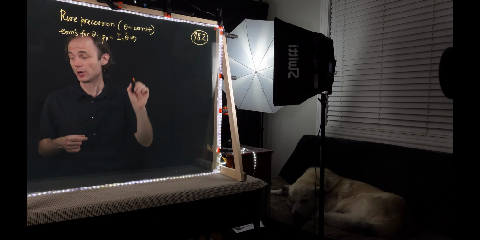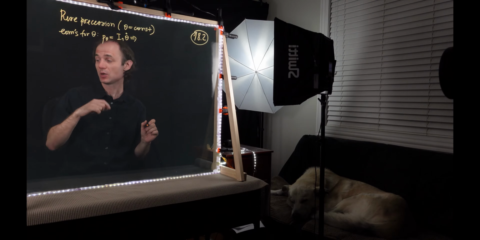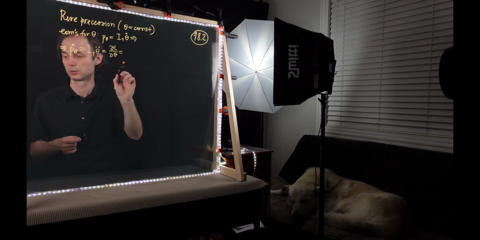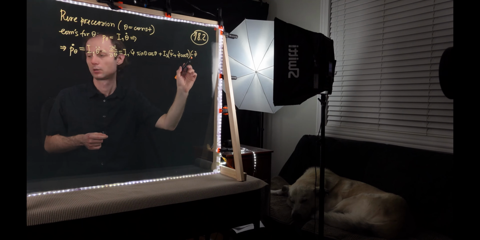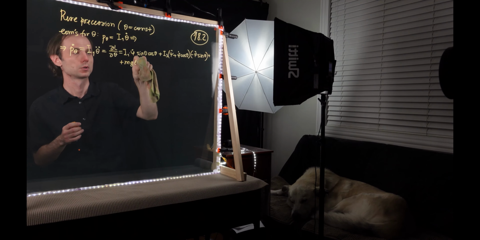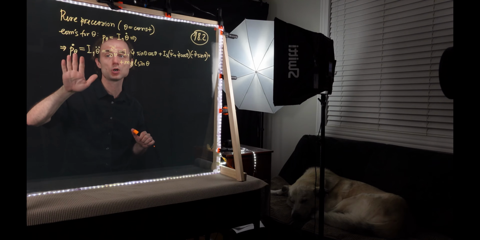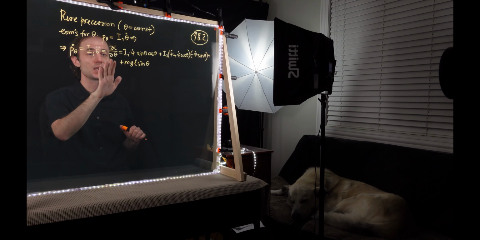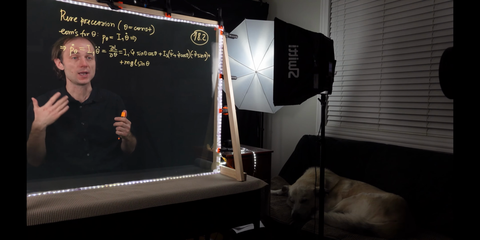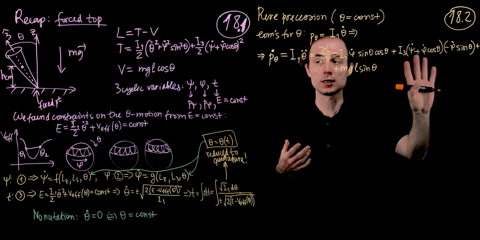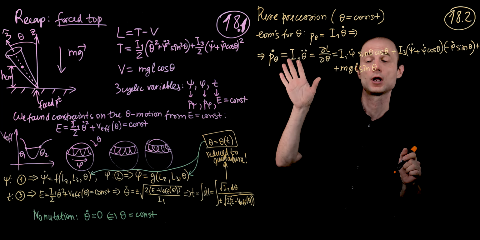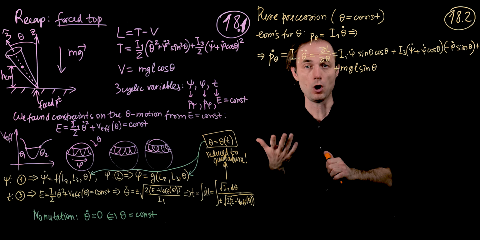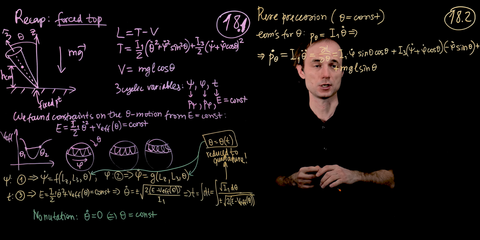And therefore, we can write down the equations of motion, which will be p_theta dot equal to I_1 theta double dot, or according to the Euler-Lagrange equations, that is also given by dL/d theta, which we can compute from the expression for L. So all we've done, we've just taken the partial derivative of the Lagrangian with respect to theta.